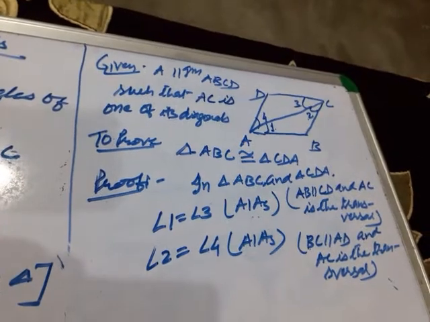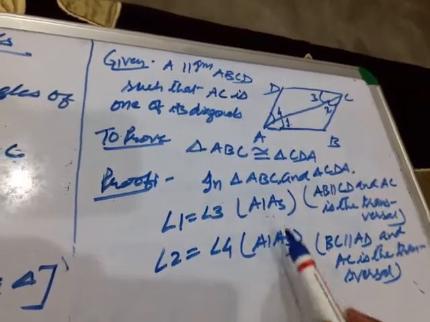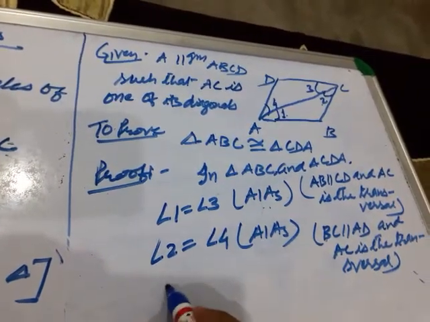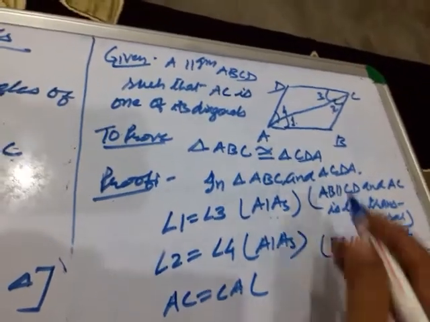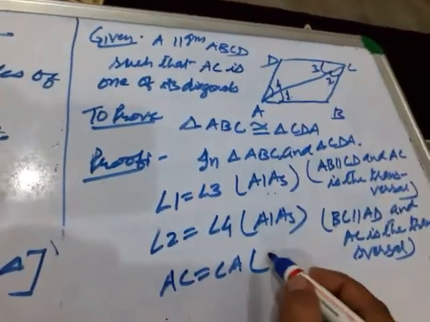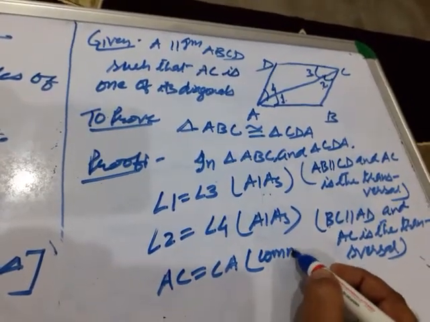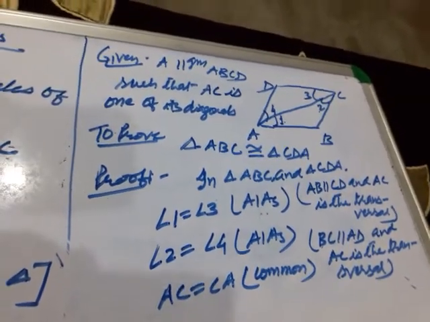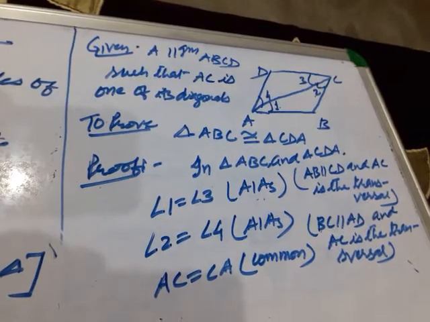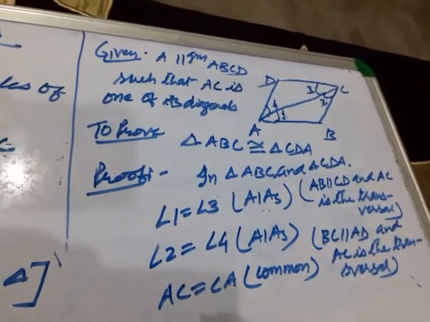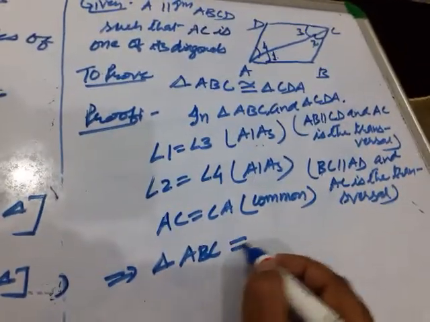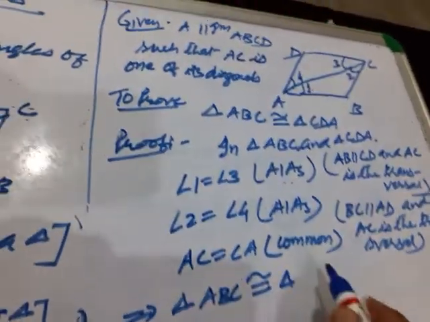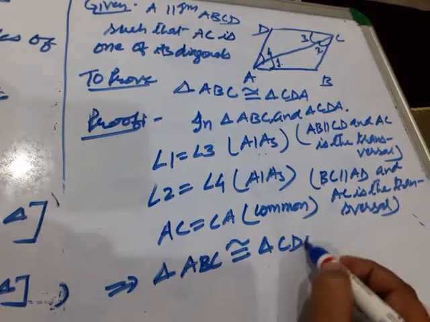And one more thing is there: AC equals what? AC equals CA. This side AC, the diagonal, is common in both the triangles. This implies, children, that triangle ABC is congruent to triangle CDA.